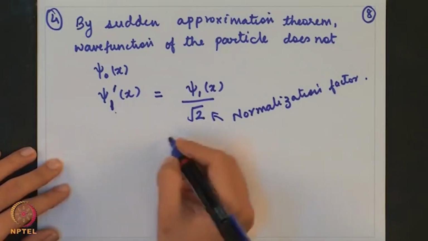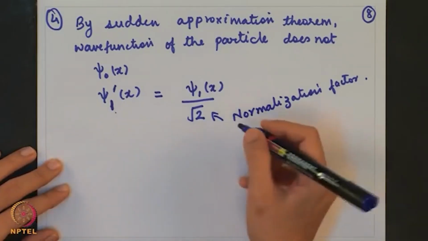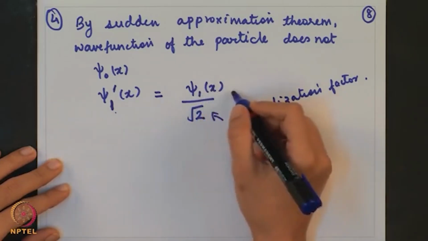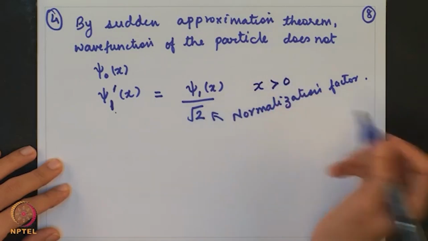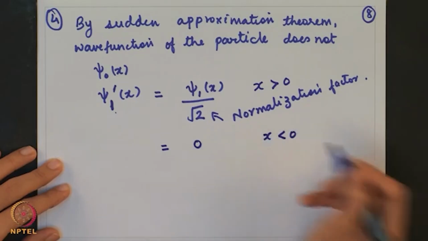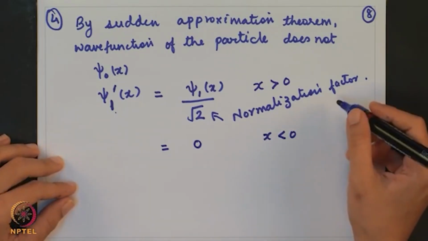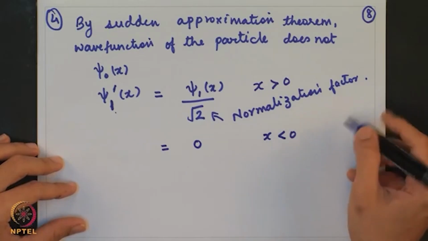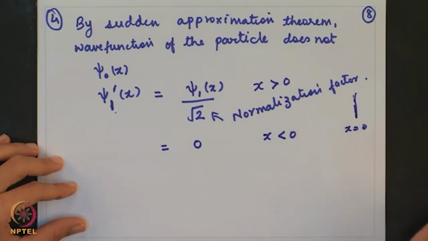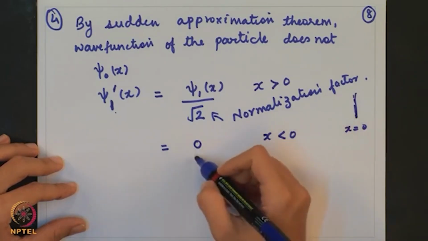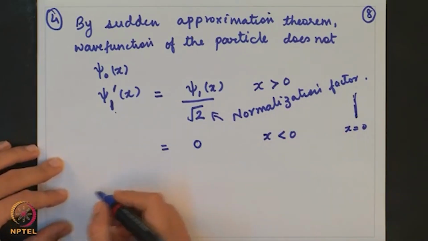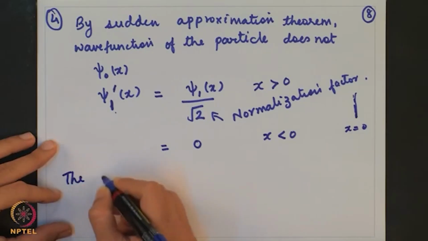One more thing that we must note is that this wave function is true for x greater than 0, and our wave function is 0 for x less than 0, because the infinite potential is suddenly created at x equal to 0. So, for x less than 0, the wave function would go to 0.